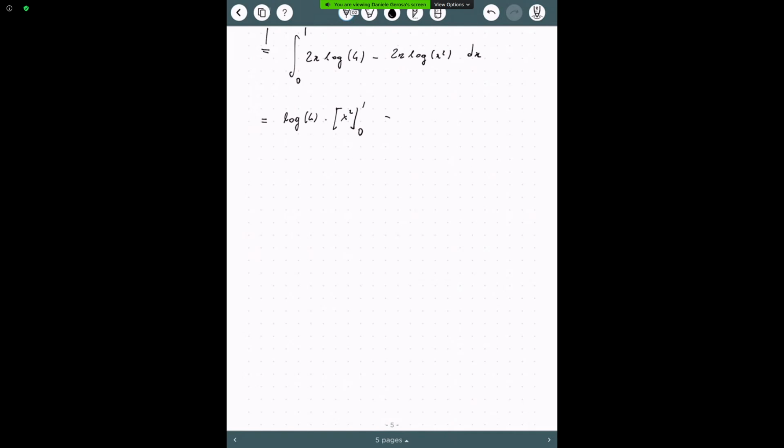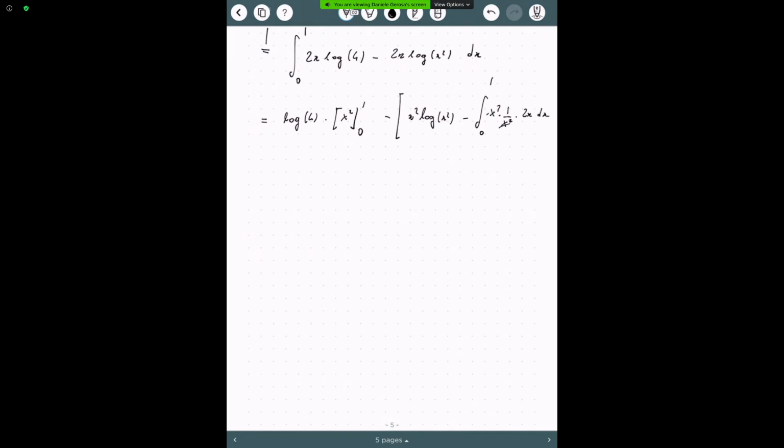So this is equal to minus, and I open some bracket here, x squared logarithm of x squared minus the integral between 0 and 1. I differentiate logarithm now, and I get x squared times 1 divided by x squared times the derivative of what's inside, which is 2x in dx.